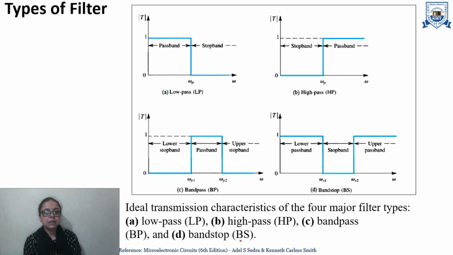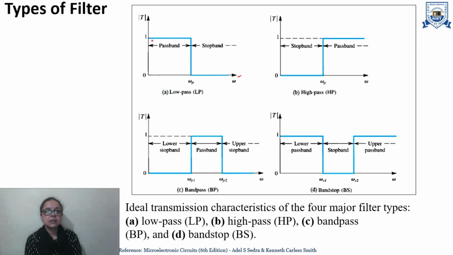Here we can see the frequency response of the various filters. This is the ideal frequency response of the various filters. Here first is the low pass filter. The x axis is the frequency axis, that is the omega axis, and this is the gain.